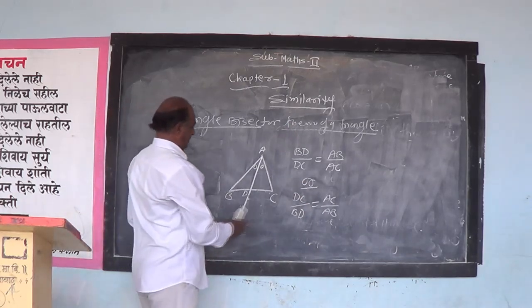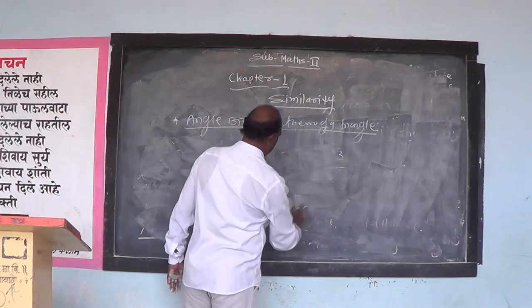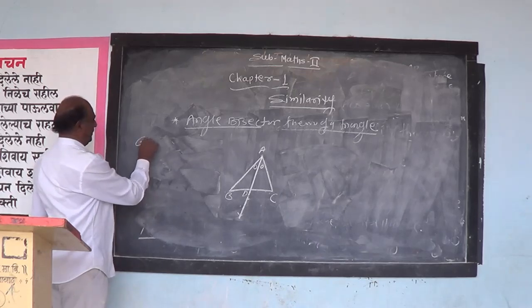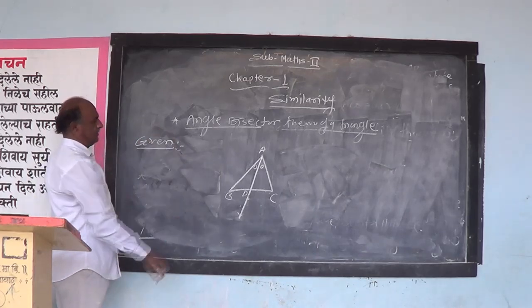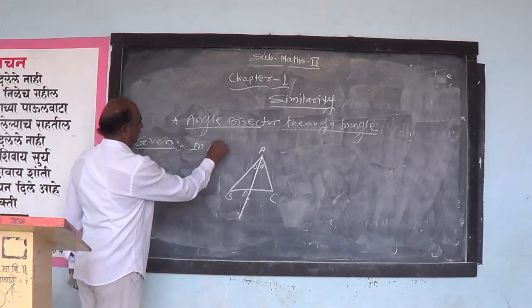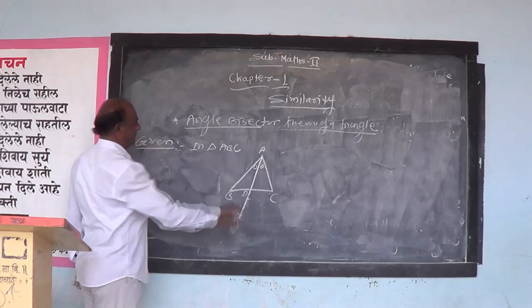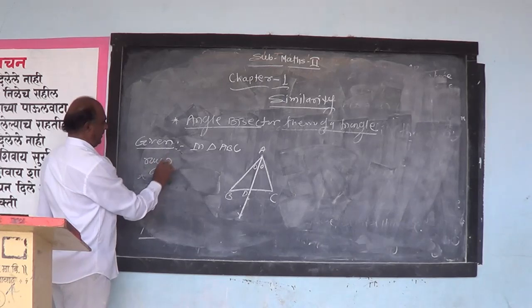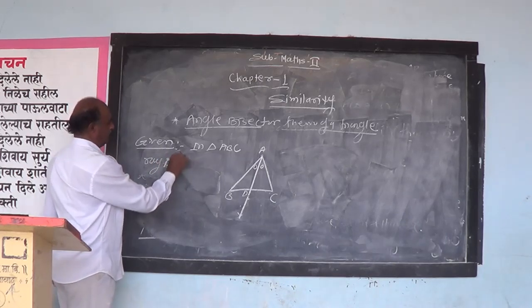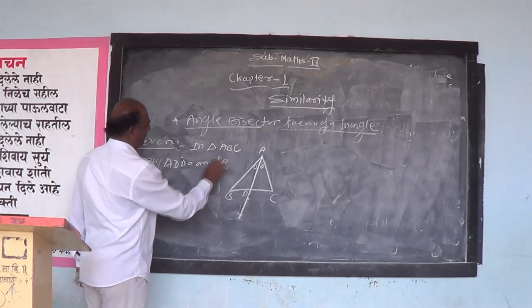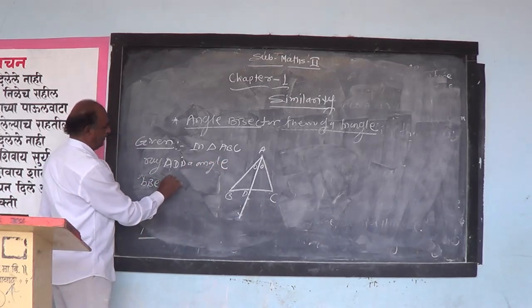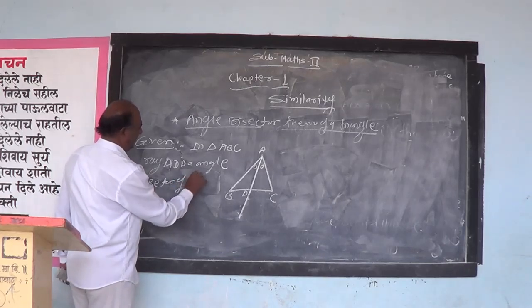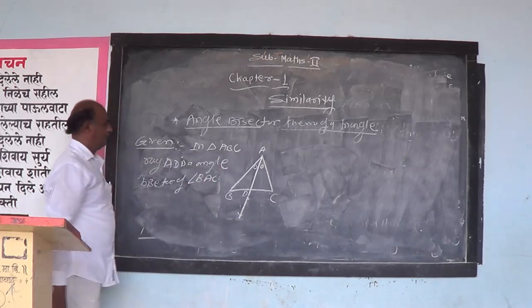First we write the given. In triangle ABC, ray AD is the angle bisector of angle BAC.